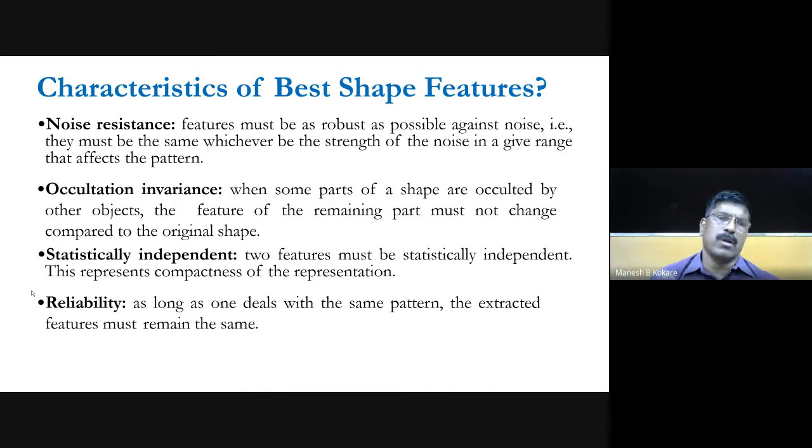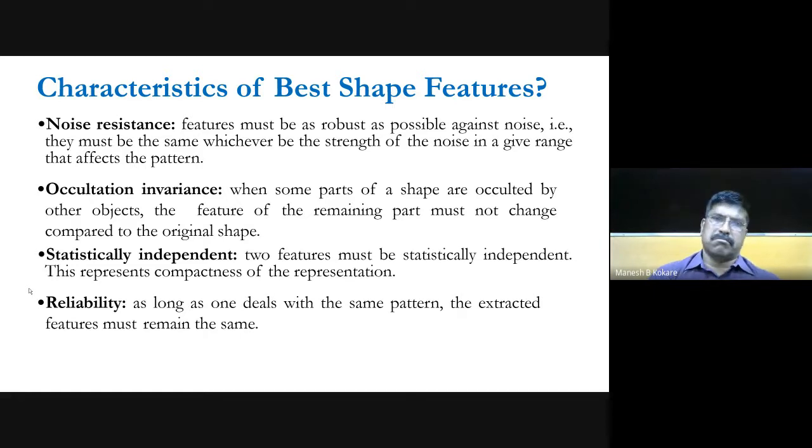If you have developed the method in such a way that it can extract the shape of the occluded region, and it does not change whether it is occluded or only partial information is available, then it is good.